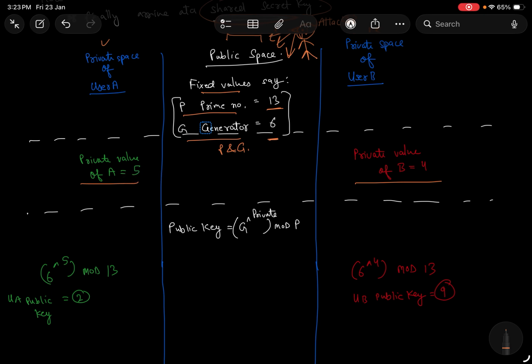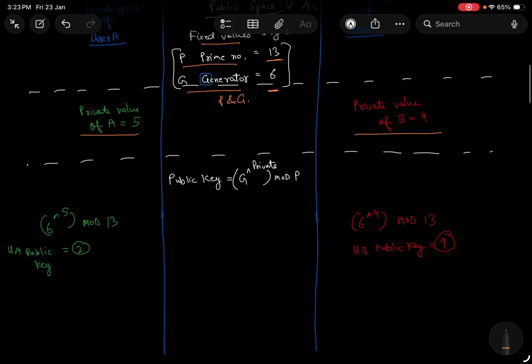According to the Diffie-Hellman algorithm, we compute the public key which will be shared by A and B. The public key is what gets shared over the network if A and B want to communicate with each other.